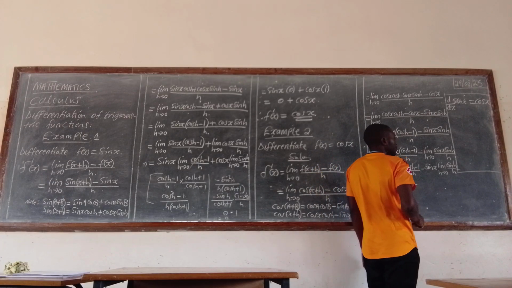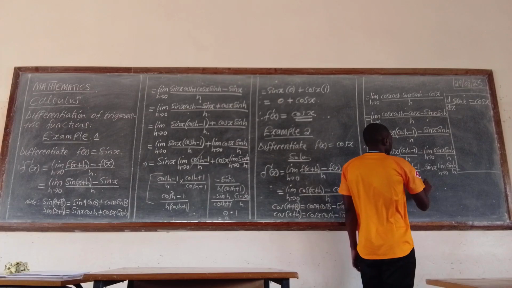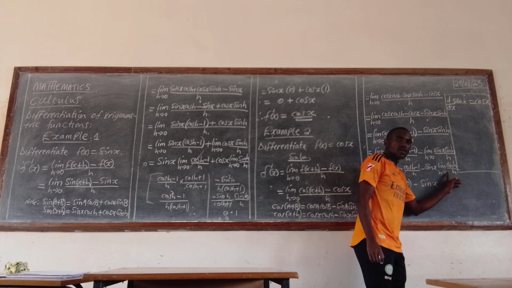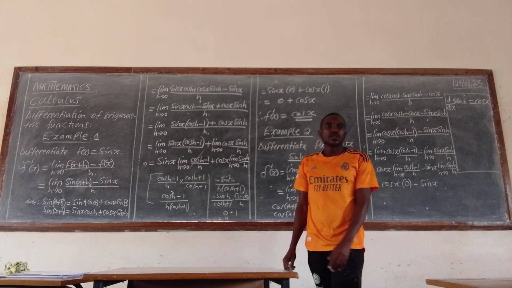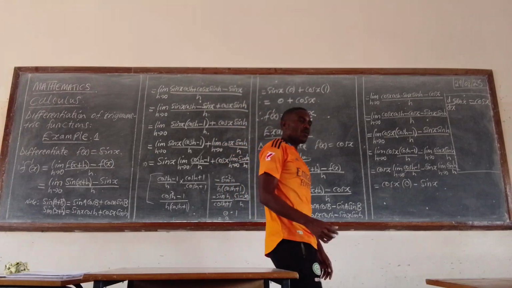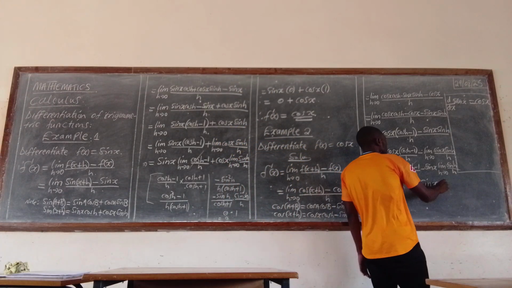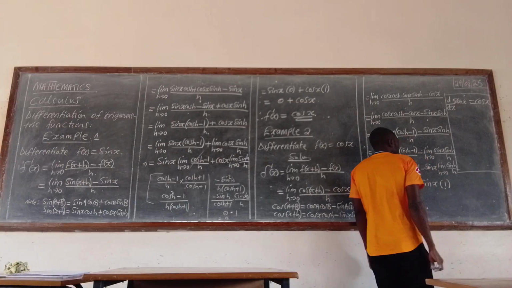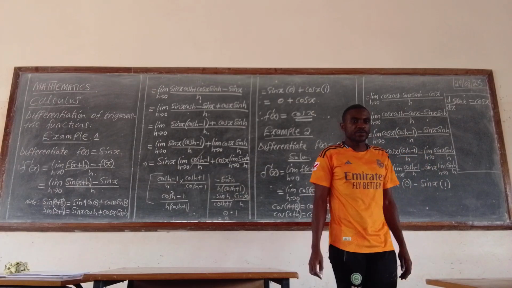Then we have minus sin x, and the limit of sin h divided by h gives us a 1. So this one is going to give us a 1.